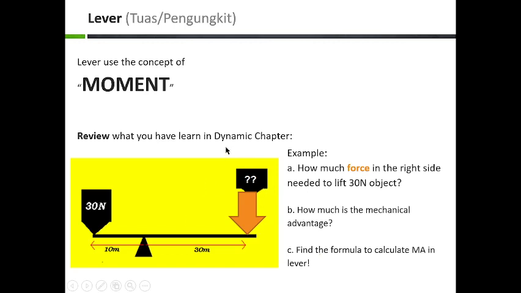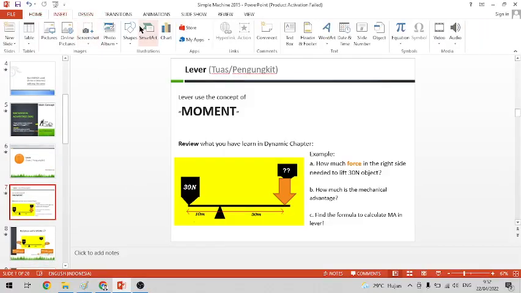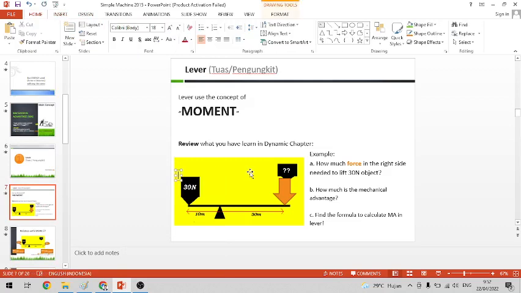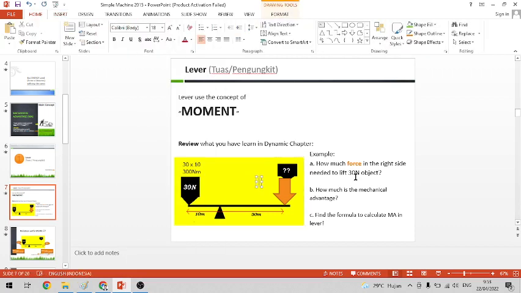Well, we can use the concept of moment, which is force times distance. So on the left, force times distance will be 30 times 10, so we get 300 Newton meter. And then on the right, we will have the unknown force, this is the question, times 30 meter.